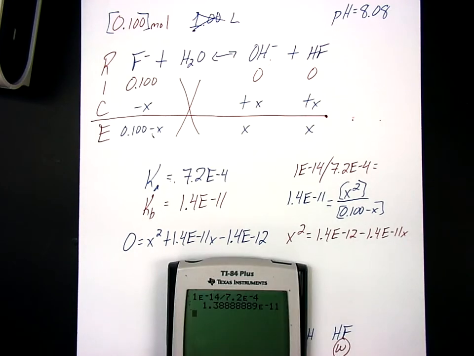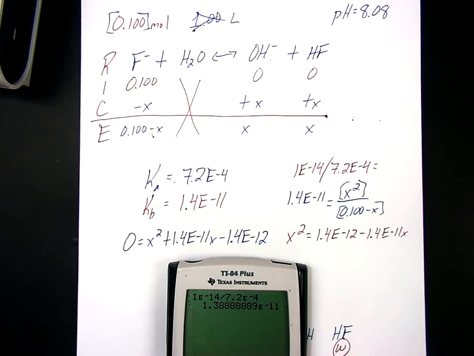Let's enter that into the math solver: 0 equals X squared plus 1.4 E negative 11X minus 1.4 E negative 12. Put in my guess there and solve.